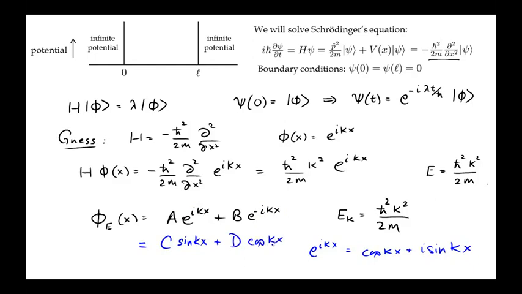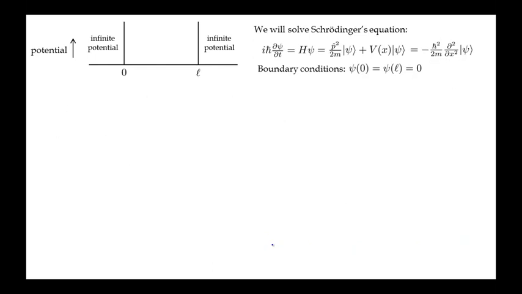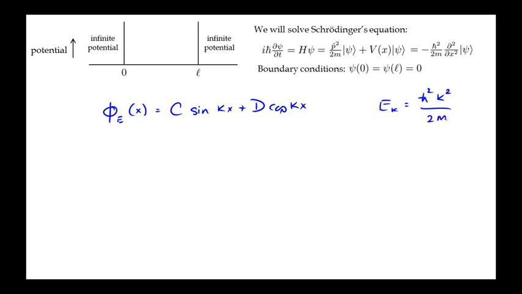Okay, so let's see. So where are we now? What this leaves us with is phi sub E of x is c sine kx plus d cosine kx, and this has energy E sub k equal to h bar squared k squared divided by 2m.